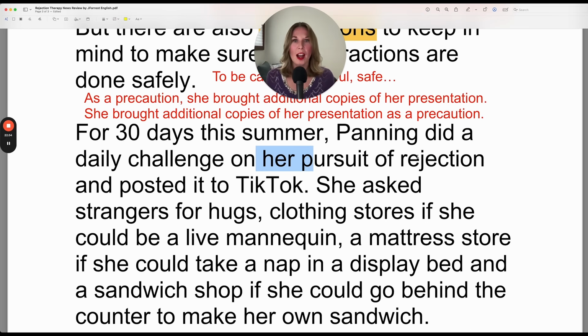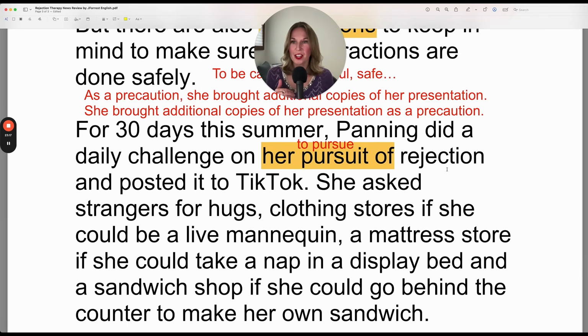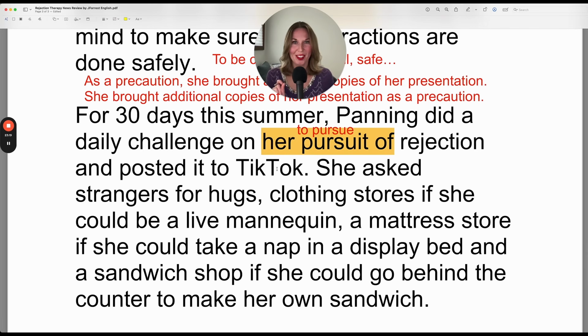This was popularized in the movie The Pursuit of Happyness. The character is pursuing, to pursue happiness, but it's just referring to it as a thing, the pursuit of happiness, or in this case, rejection. So she did a daily challenge on her pursuit of rejection and posted it to TikTok.